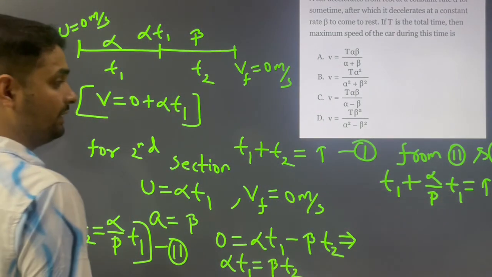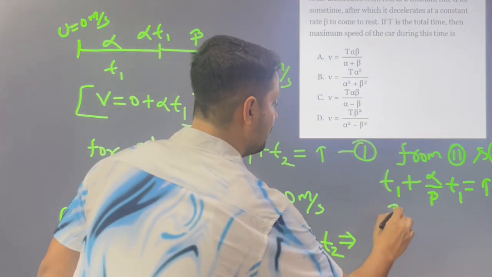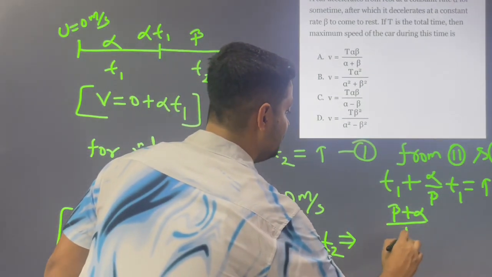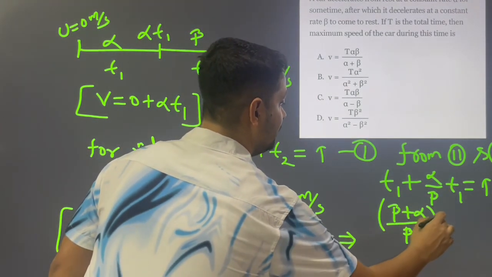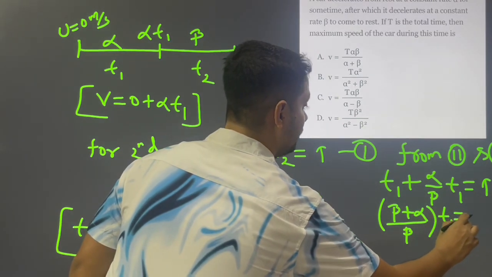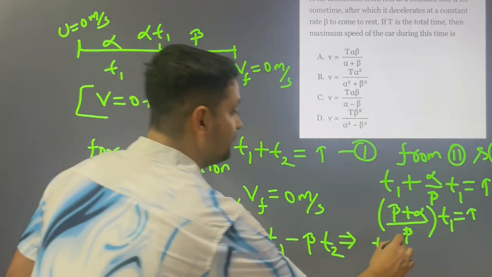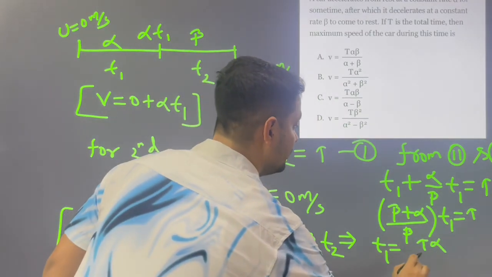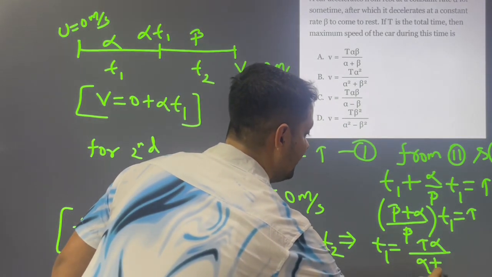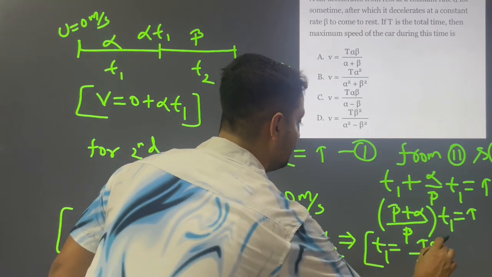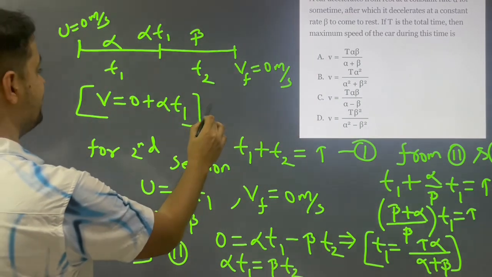Now you take t1 common, then it will be beta plus alpha by beta, into t1, equals T. From here you get the t1 value: t1 is T beta divided by alpha plus beta. Now you put it here and you will get the answer.